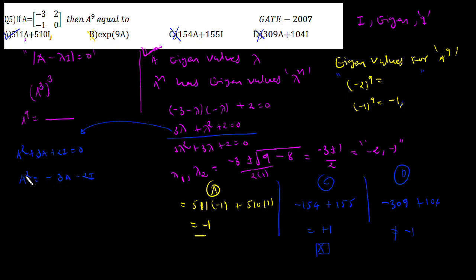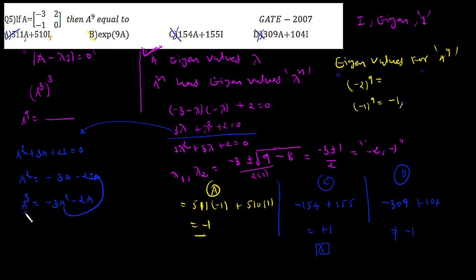Now I have found A square, but I need A cube. So let's multiply this equation further by the matrix A. The left hand side becomes A cube, and on the right I get minus 3A square minus 2A. Now again I have to replace this A square with this value.